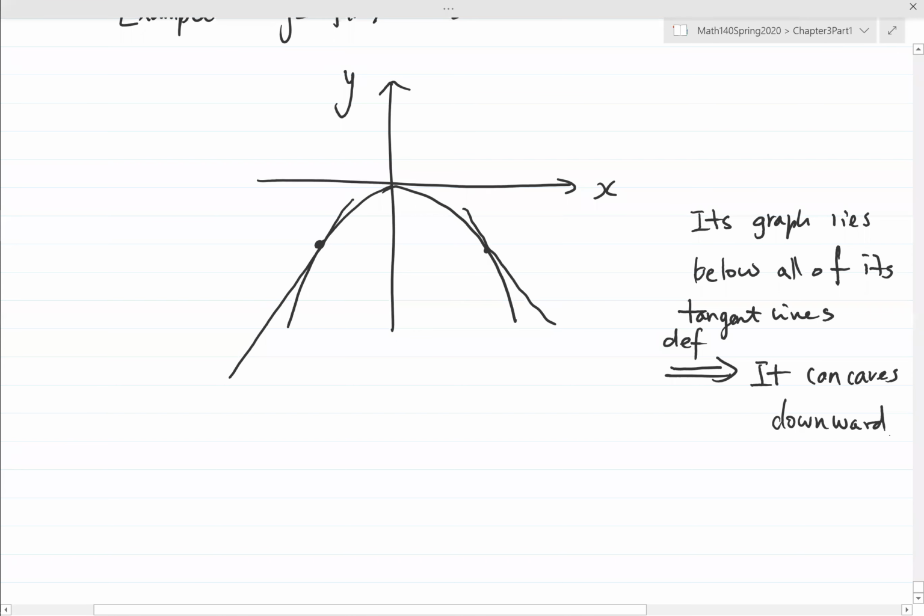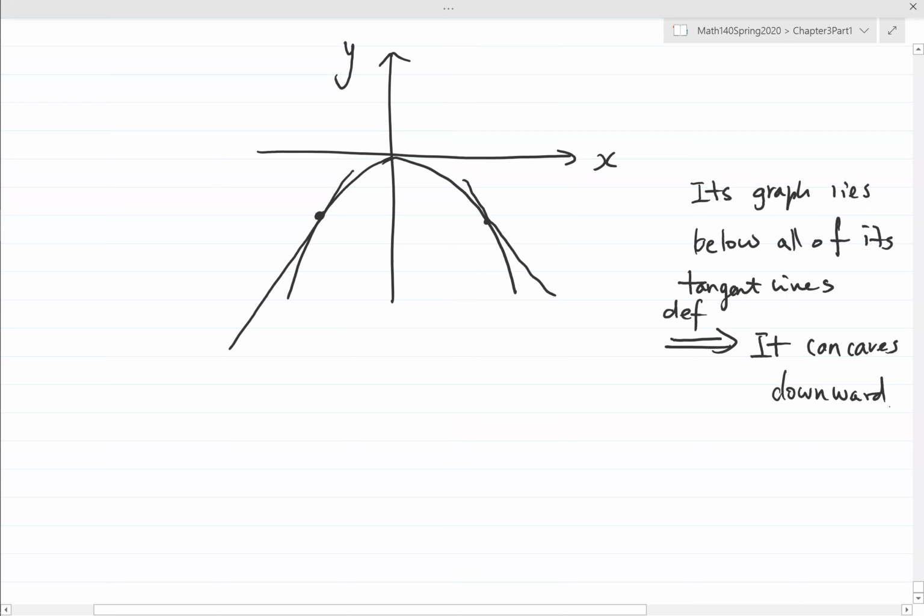Now, what the second derivative tells us is actually the concavity of the graph of f. Okay, so the concavity test.